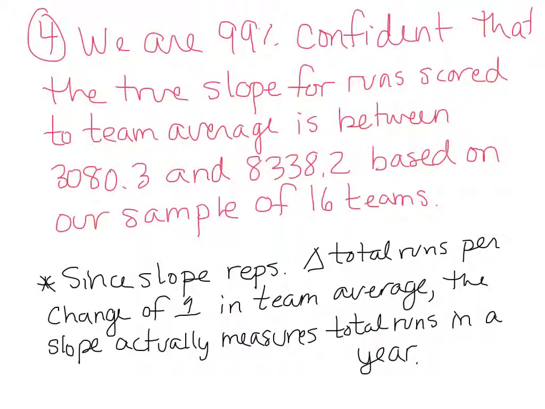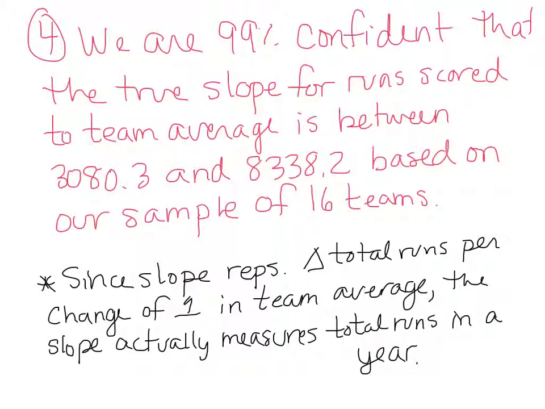So these numbers may look large. No team scores 8,000 runs in a year, but in terms of making a prediction and knowing what your inputs are for x, your y-intercept of negative 706 brings it back down to reality. And you can try that for any of the values in your table at the beginning and see whether or not they make sense. They should. They actually come out pretty close due to the strong r and r squared values that we have.